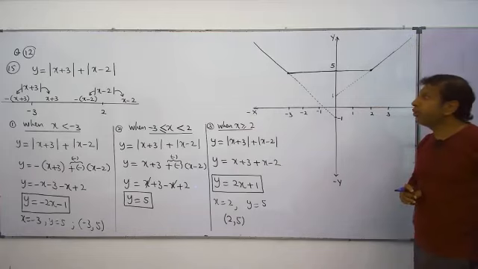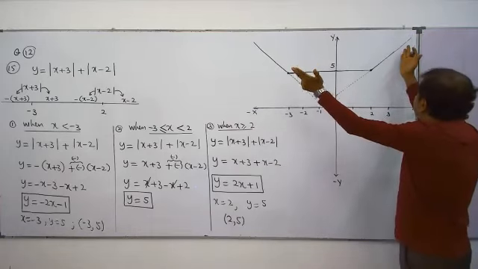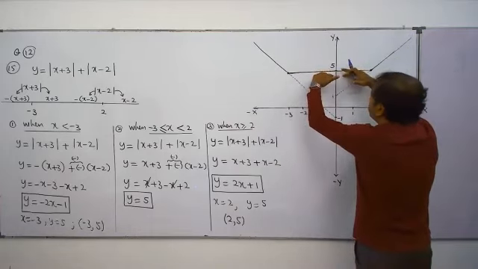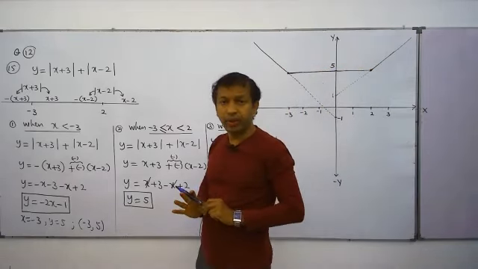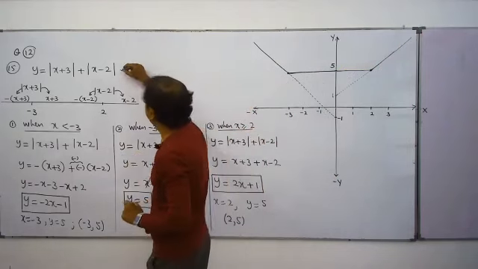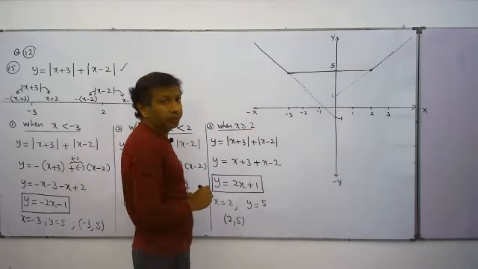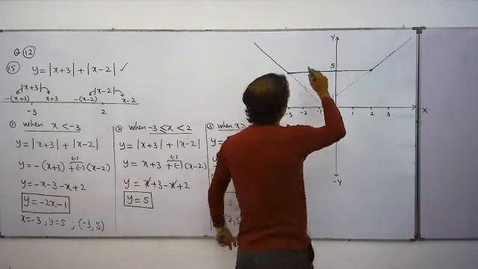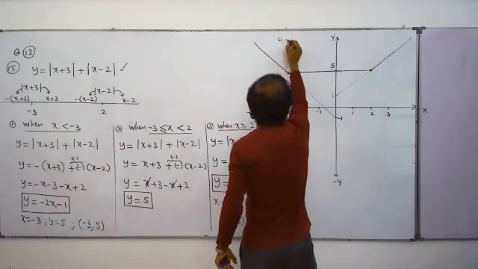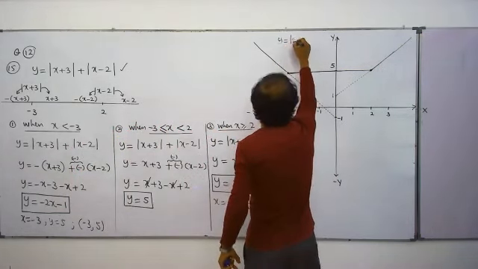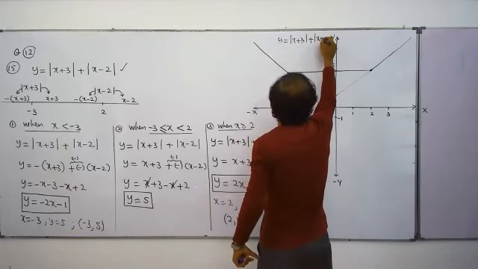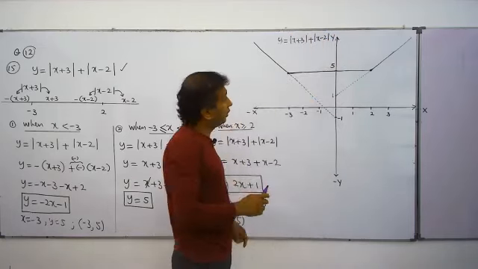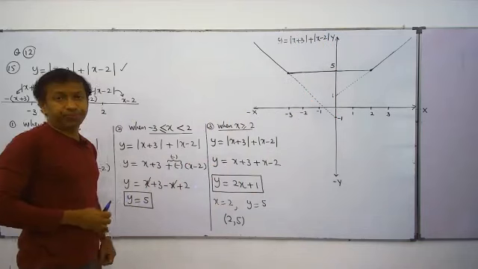Okay. So now this whole graph, these two with this one, together we get a single graph now. For that graph, the equation is this now. Okay. Right. So therefore, I can write the equation of this overall graph as y equals mod x plus 3 plus mod x minus 2, which is the equation we can give as a single equation for these three parts.